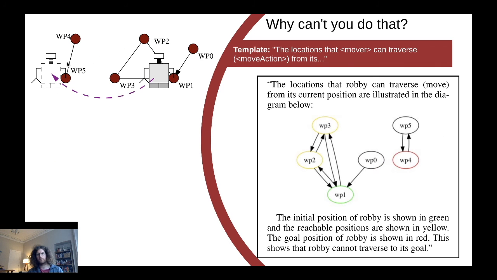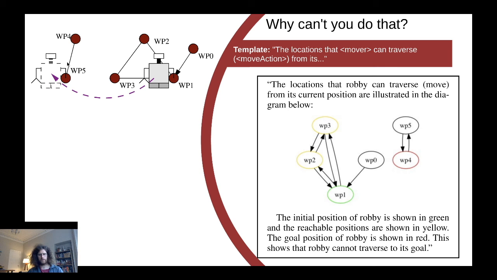Okay, and just to give an example of what happens at the output side, right? You can imagine in a traversal problem, you might have templates such as the one on the top right here: the location that mover can traverse, move action from it, and these placeholders are then fitted in with the actual problem information. So in this case we've got a robot, and he can't move to his goal.